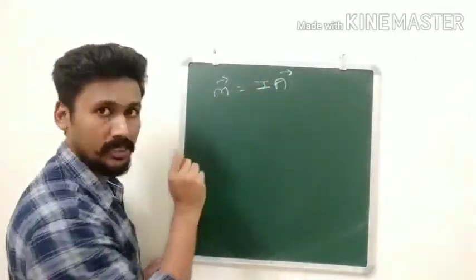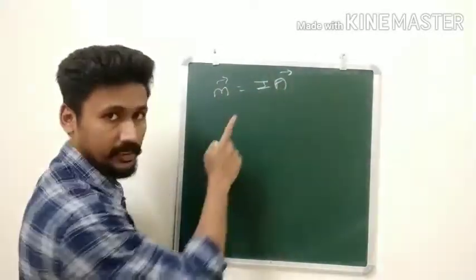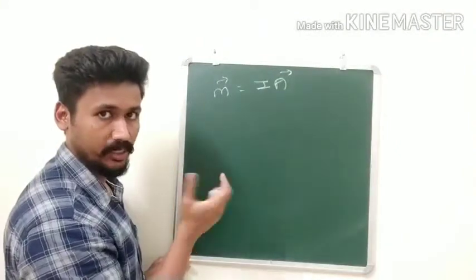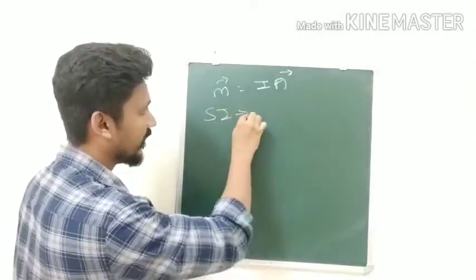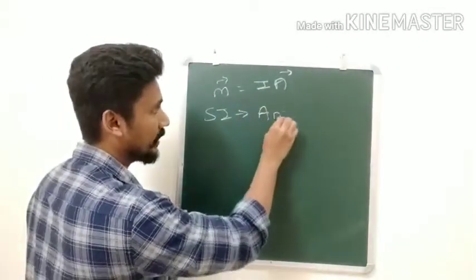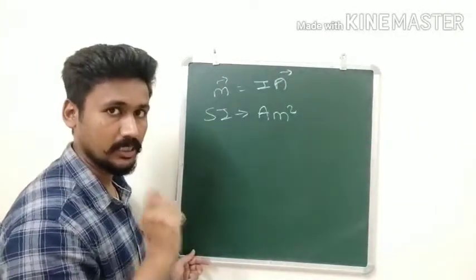So M is equal to I A. Of course, the direction of magnetic moment will be the direction of the area vector, which will be given to us by the right hand thumb rule. And the SI unit of magnetic moment will be ampere meter square. Make sure that you note down this concept.